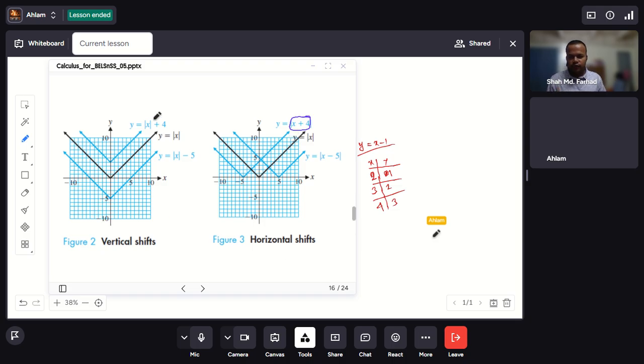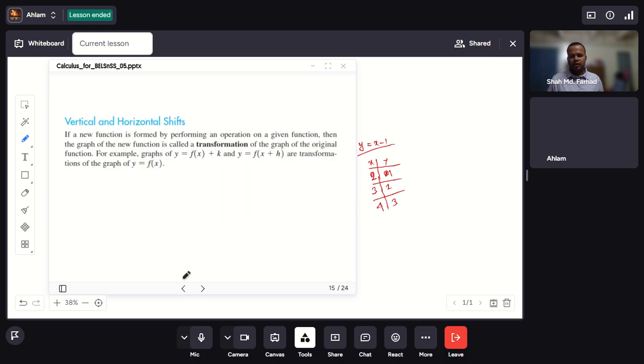But if we add something outside, then the graph will shift vertically. It will go up or down. If we add something, the graph will move up, and if we subtract something, the graph will move down. That is called the vertical and horizontal shifts.